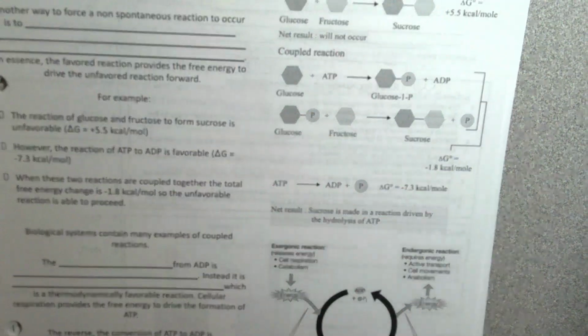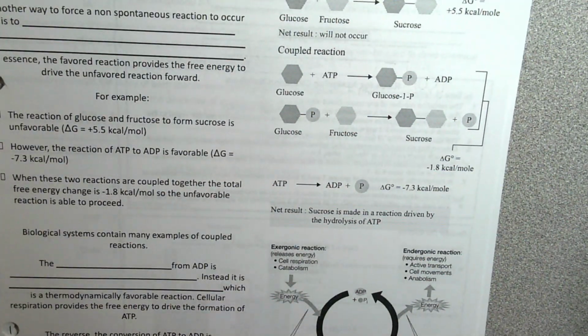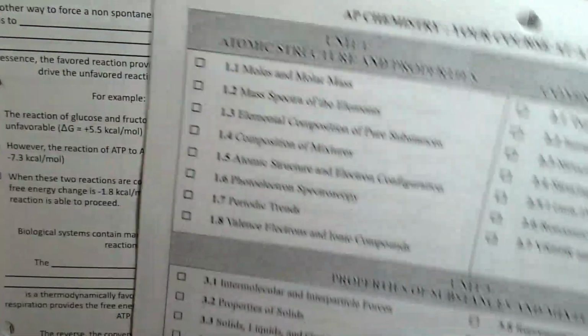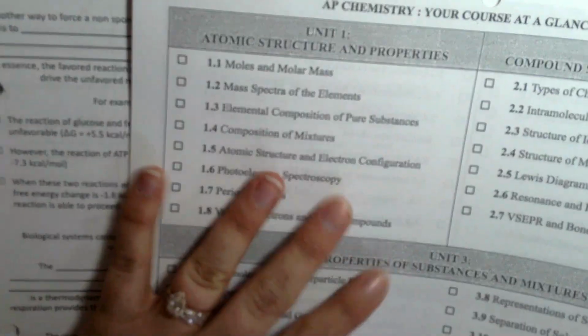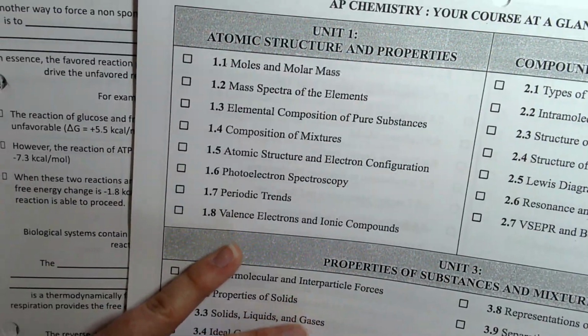I am also going to pass out some stuff to get you started for the AP exam review. So the first thing is just going through the different units. So kind of looking back and seeing what topics, what sections were in each unit. This does go by the AP exam order.